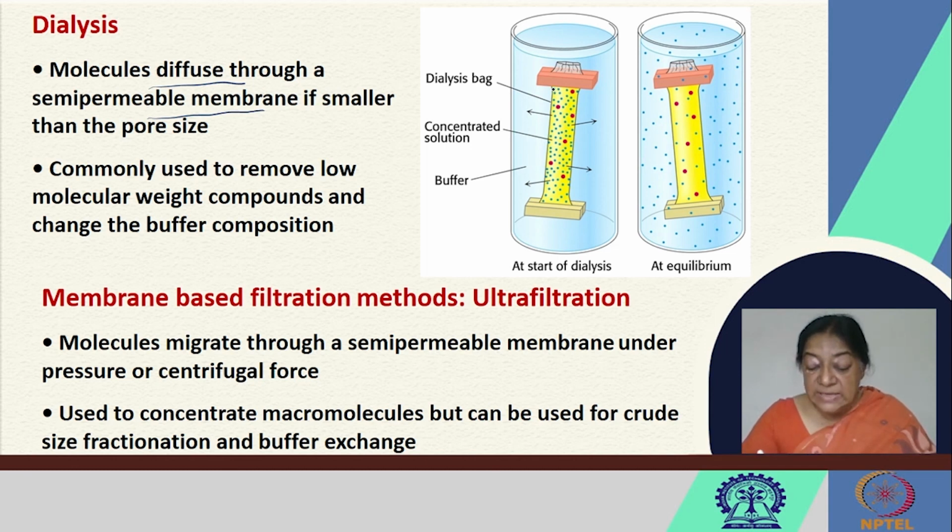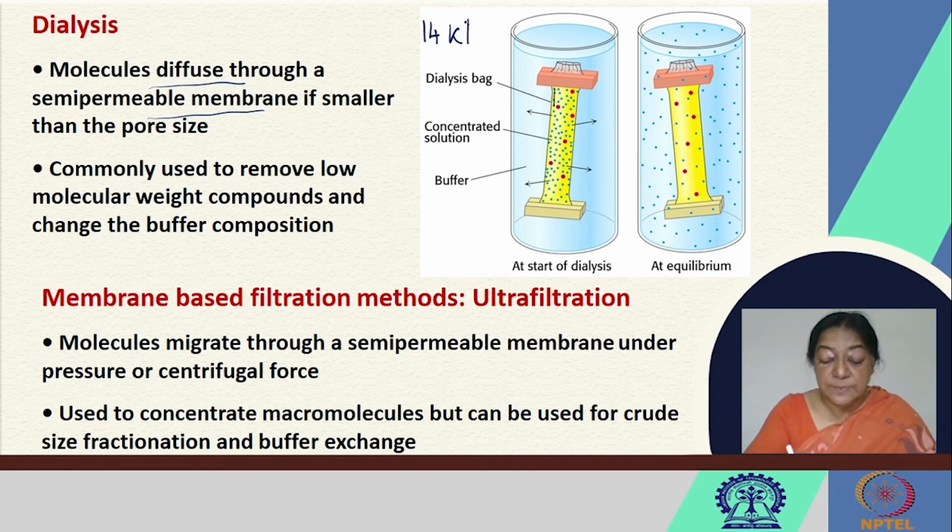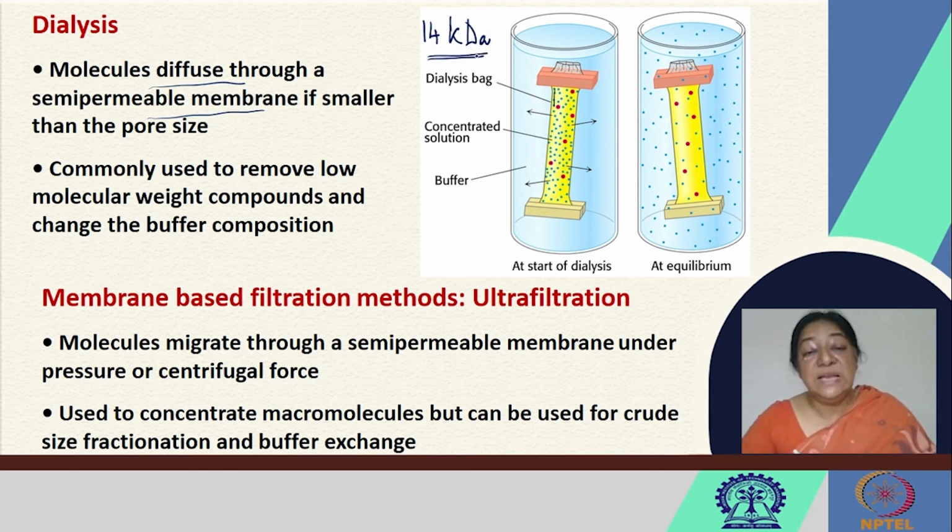This dialysis bag that we see has a specific molecular weight cutoff. For example, if we have a molecular weight cutoff of 14 kilodalton, this means that any molecular weight less than 14 kilodalton is going to easily pass through.